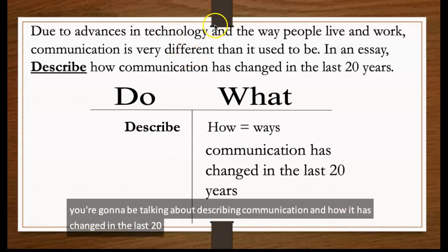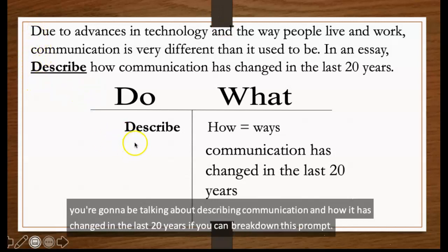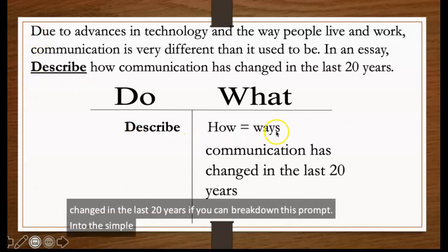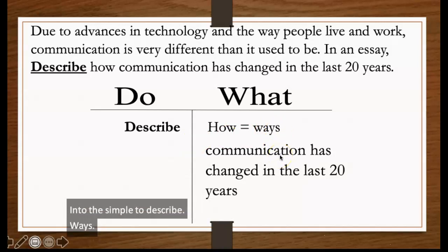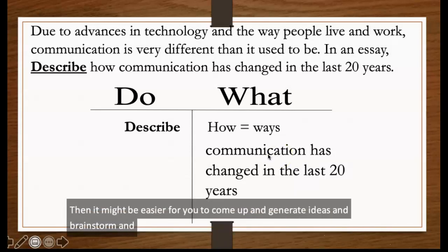So if you can break down this prompt into simple ways to describe, then it might be easier for you to generate ideas, brainstorm, and then write a well-organized essay.